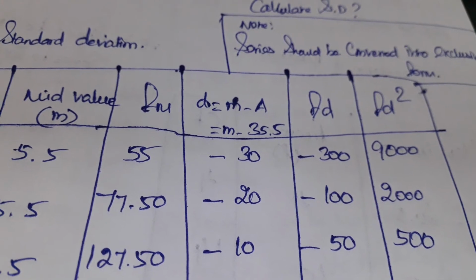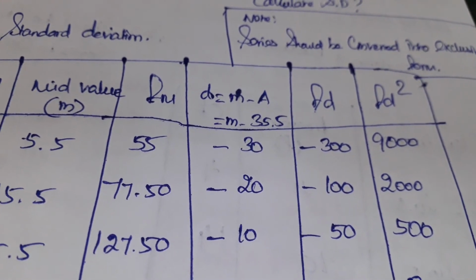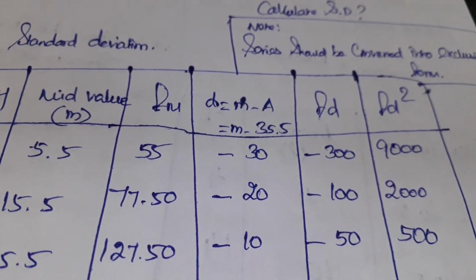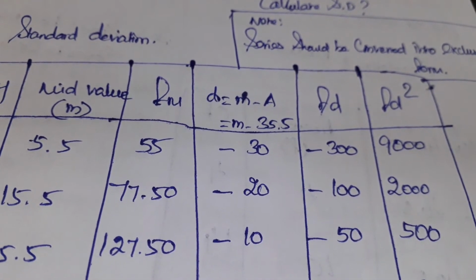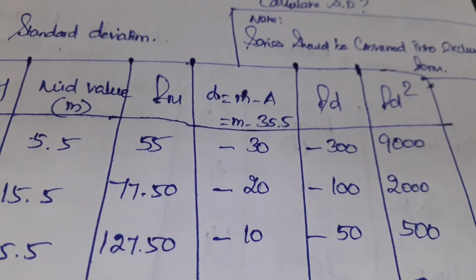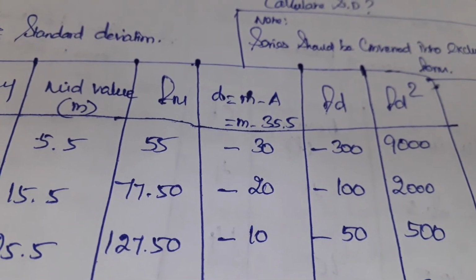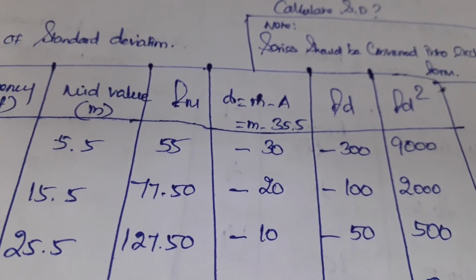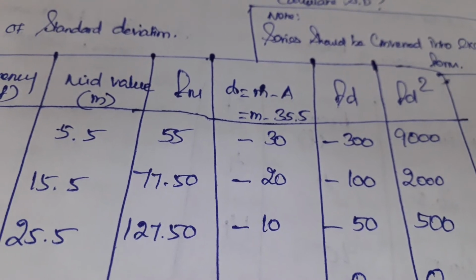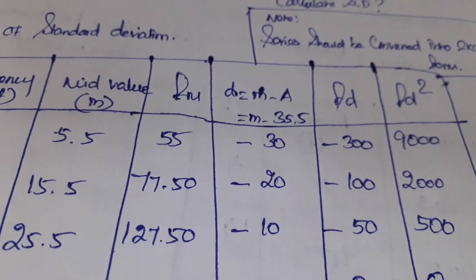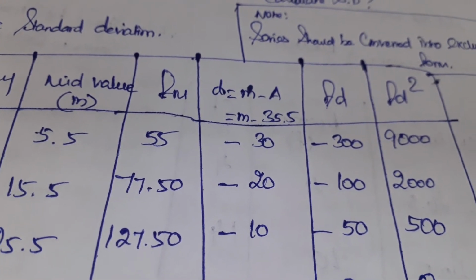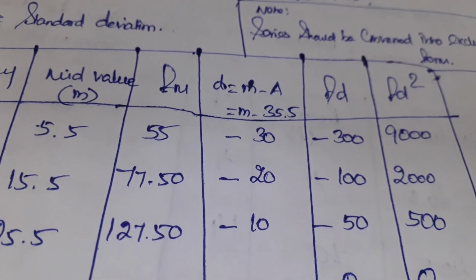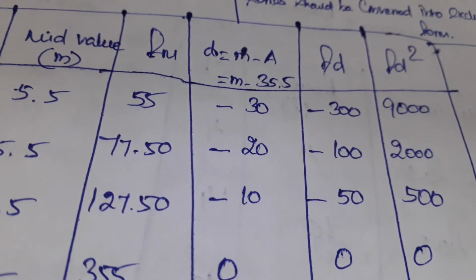Now we need to prepare the deviation column, that is d equal to m minus A. m is the mid value, then if we subtract 35.5, that is the assumed mean, we get the deviation values as minus 30, minus 20, minus 10.